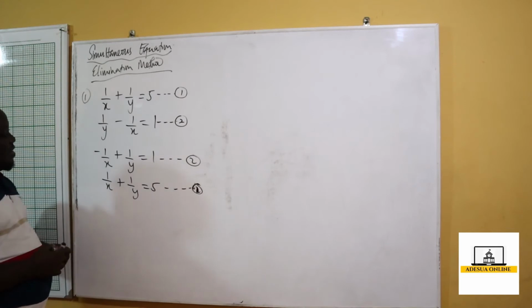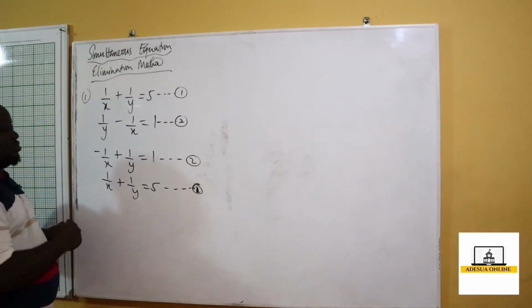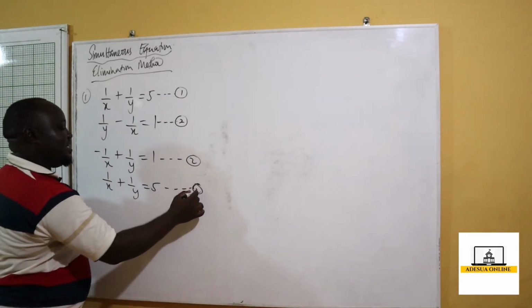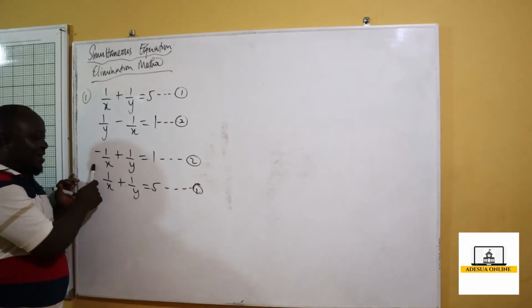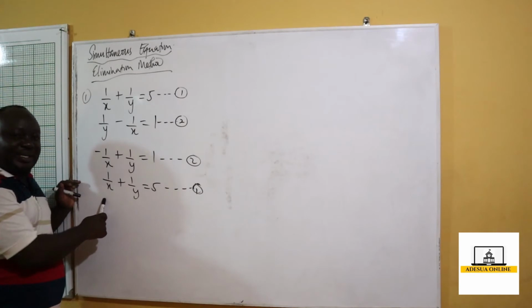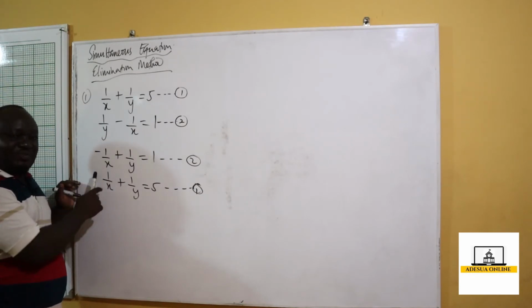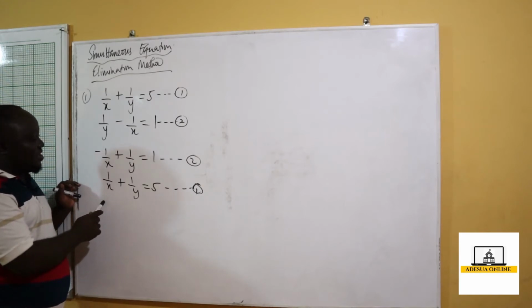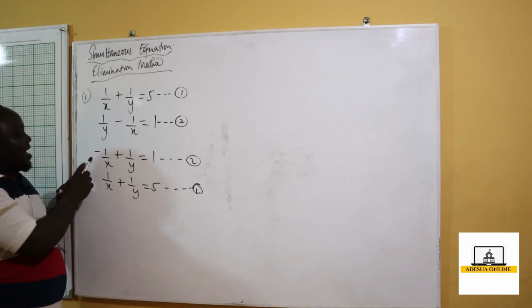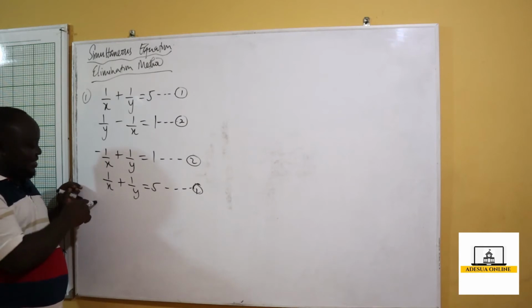Now, looking at equation 1 and equation 2, we realize that this is minus 1 over x, and this is positive 1 over x. They have the same coefficient, 1 over x and 1 over x, but this is negative. So if I add equation 1 to equation 2, I'll have minus 1 over x plus 1 over x, which will give me 0.